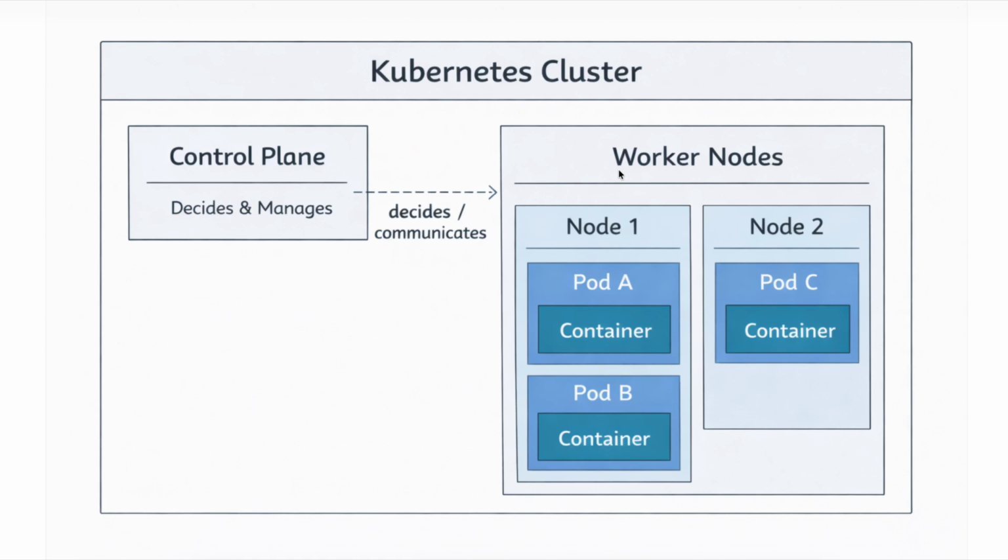Worker nodes are where applications actually run. On worker nodes, Kubernetes runs pods, and each pod contains one or more containers. So, the hierarchy is simple and important to remember. The control plane decides, worker nodes run pods, and containers run inside pods.